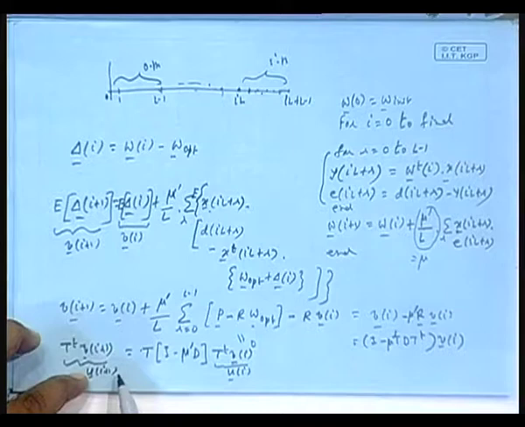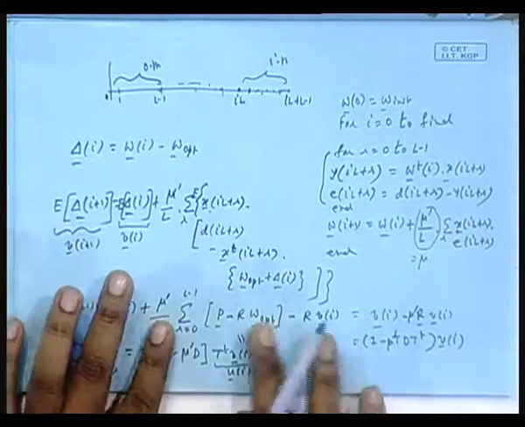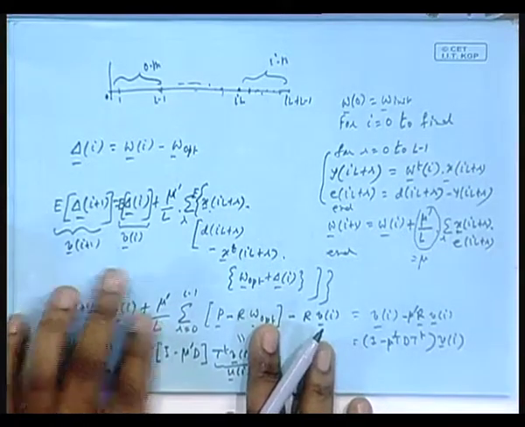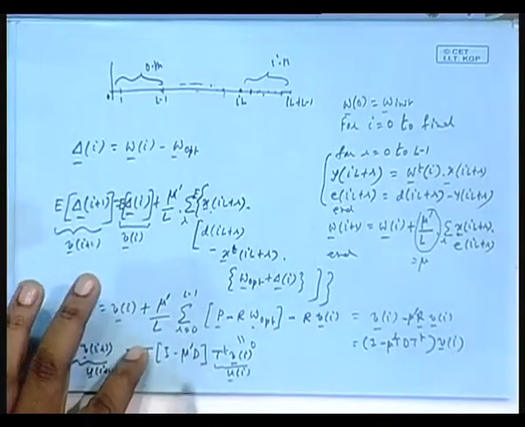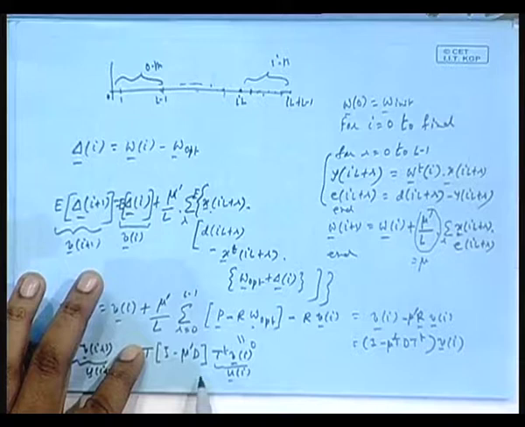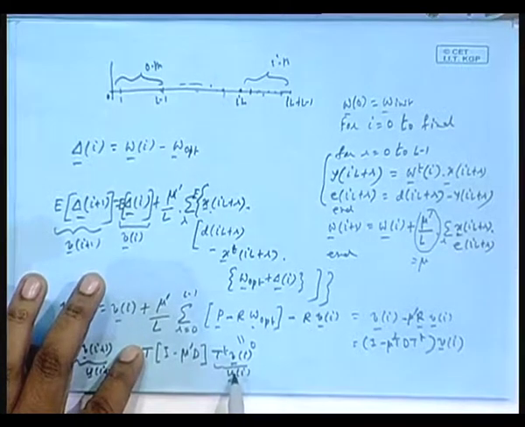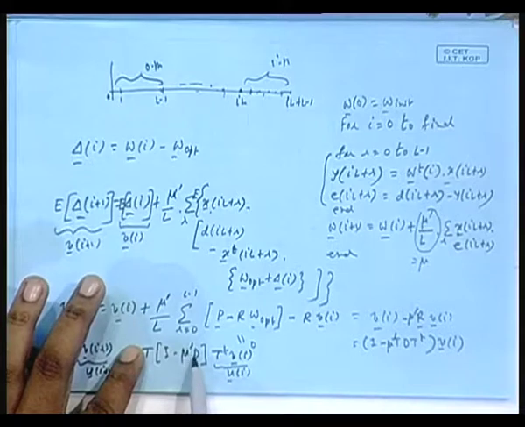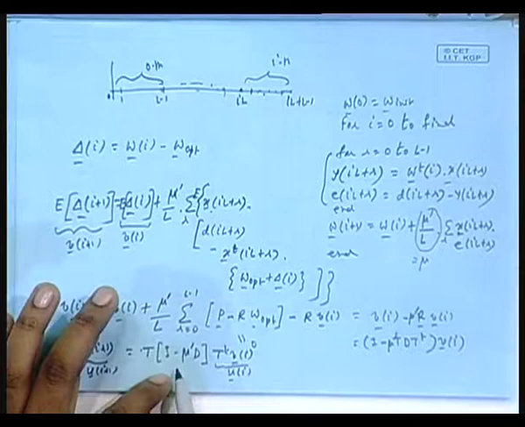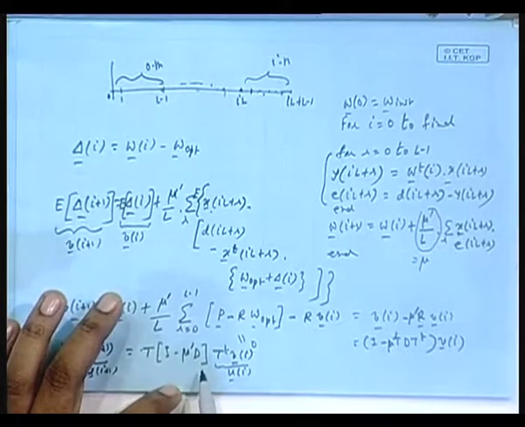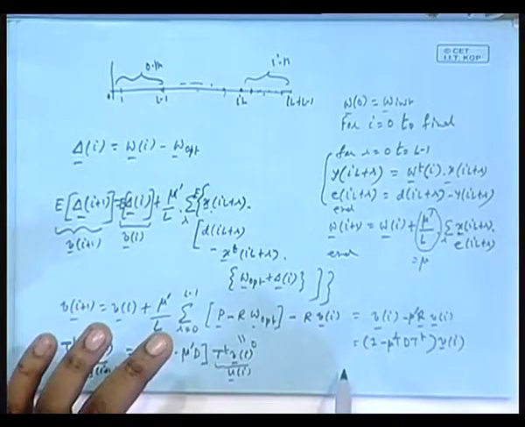But what is norm of this or norm square of this? Norm square of this part, because T is unitary, and the norm square of that part you evaluate with this diagonal matrix, that will be the first component squared times 1 minus mu prime lambda 0 whole square, the second component square plus 1 minus mu prime lambda 1 square, and so on.